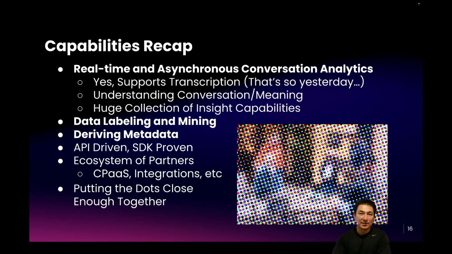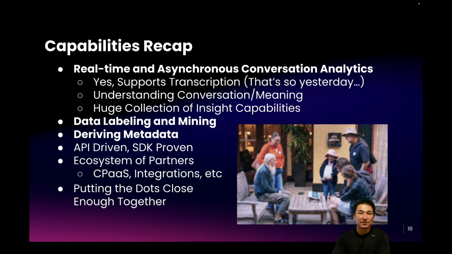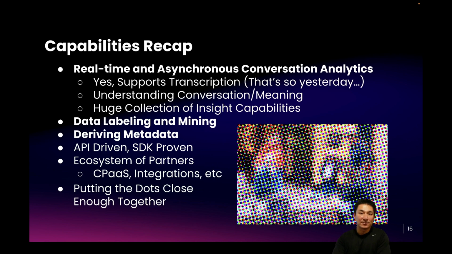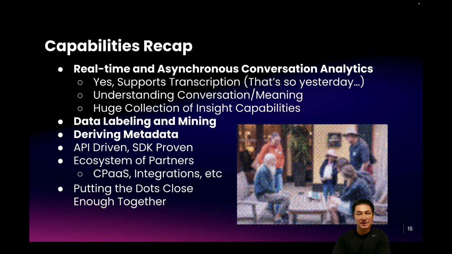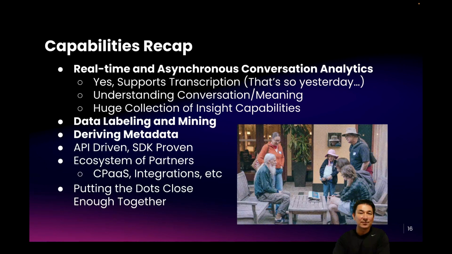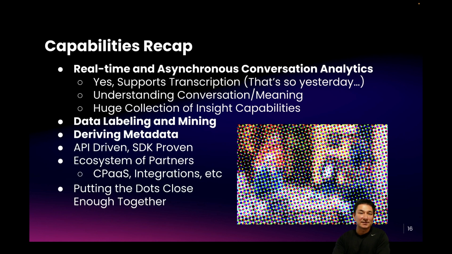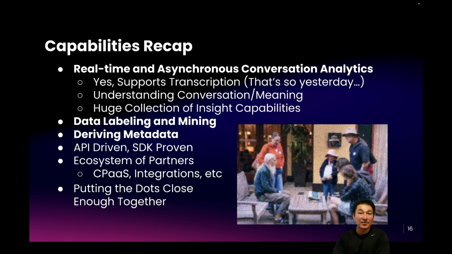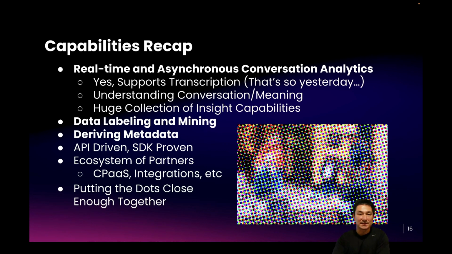So to recap the demo and some of the capabilities of the platform, the Symbl platform offers real-time and asynchronous conversation analytics and has a huge collection of insight capabilities. Many of the big takeaways for what the Symbl platform can be used for are things like data labeling and mining, and creating metadata or data about conversations happening within your business.